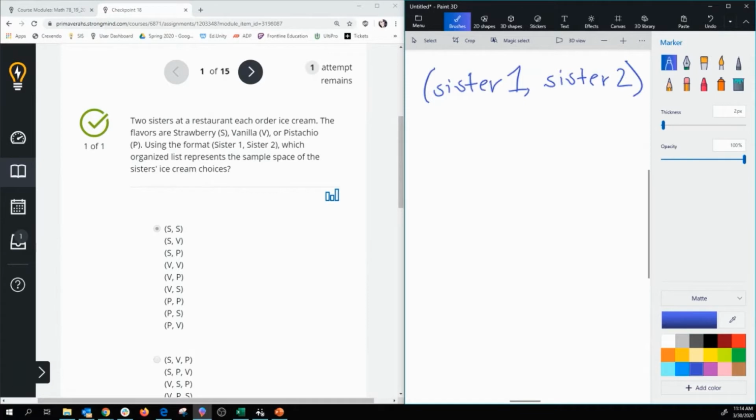And there's 2 sisters. So if sister 1 wanted strawberry, right? Let's put an S for sister 1 because she wanted strawberry. What are the possible flavors that sister 2 could order? If sister 1 wanted strawberry, what other flavors could sister 2 want or order?